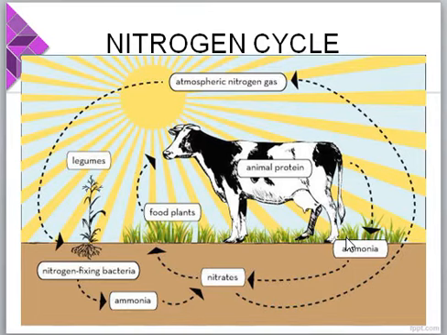Last is the denitrification. Denitrification is the reduction of nitrate, or the NO3, to gaseous nitrogen. And the bacteria that reverse the action of nitrogen fixing bacteria and nitrifying bacteria by returning nitrogen to the atmosphere as nitrogen gas are called the denitrifying bacteria.